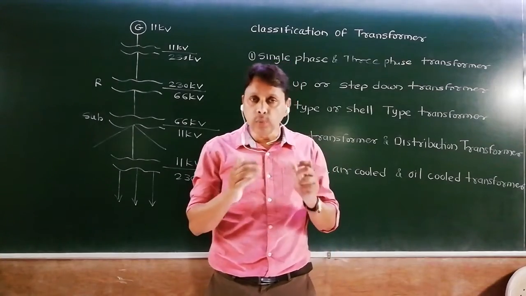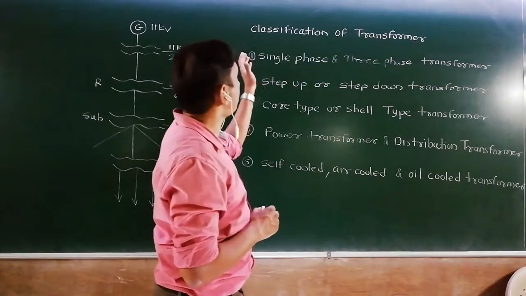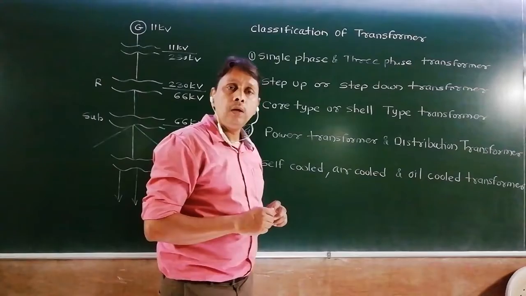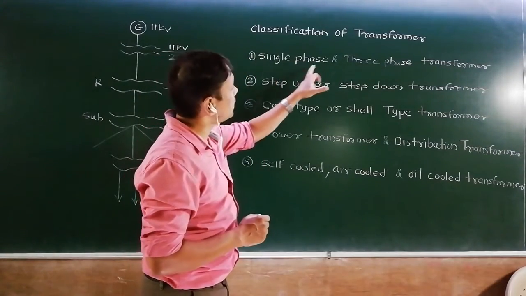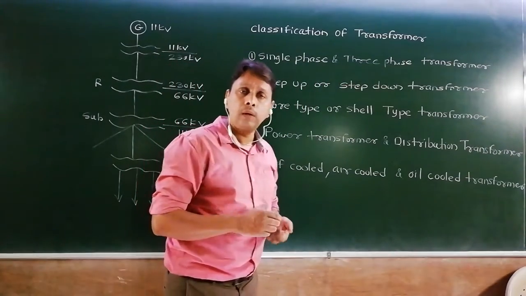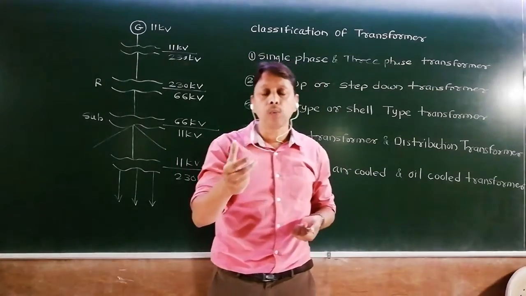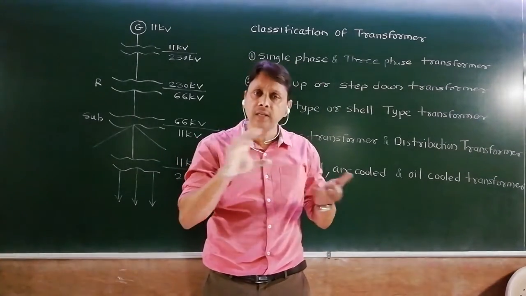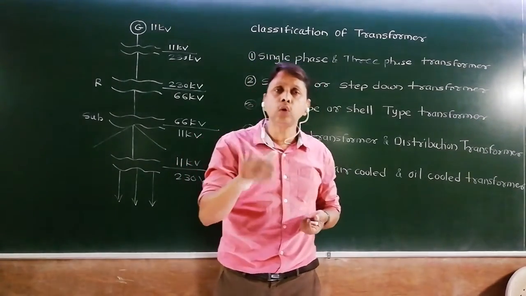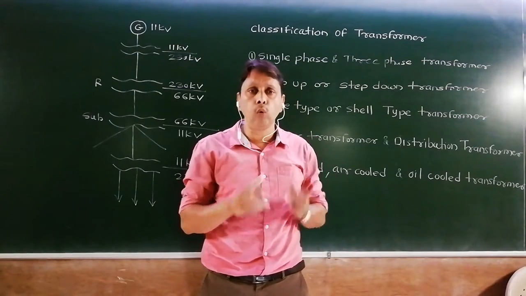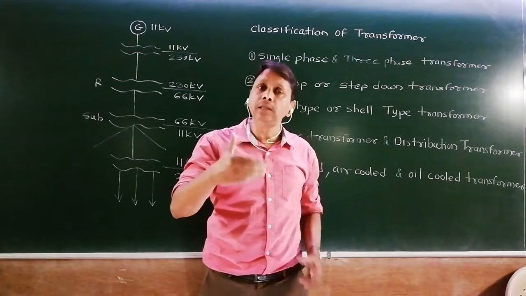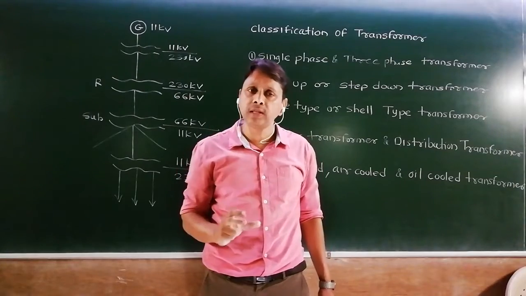Okay. So in this video we are going to discuss how transformers are classified. The first classification is single phase and three phase transformer. We know that a transformer works only on AC, not on DC. In AC also, in a single phase supply there is only one coil, and in a three phase supply there are RYB coils.